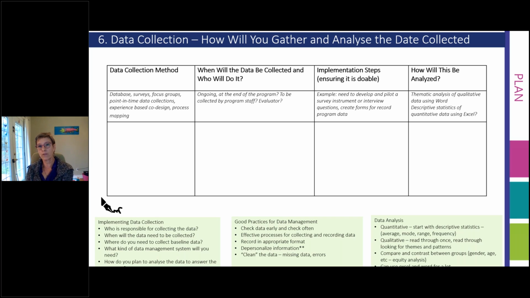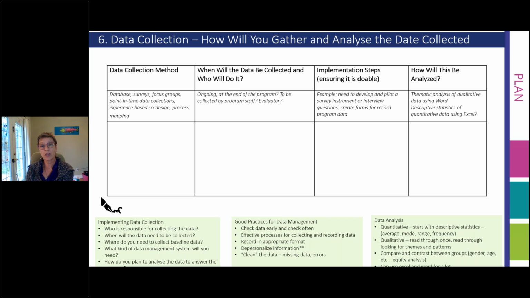So you gather all the information. It's good to think beforehand, what am I going to do with it when it gets back? So it's almost thinking about, when I ask this question, what will I do with it when I get the answers to it? And often it can be quite simple. Thematic analysis of qualitative data. So what are the patterns that we're seeing in the words?